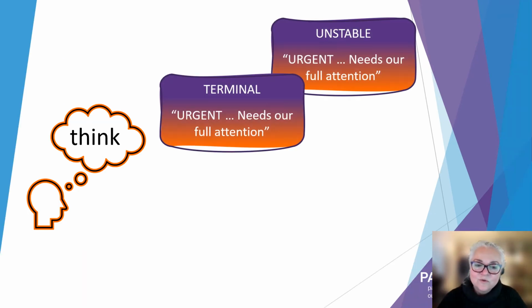When you're working with the 4 phases, the 2 that are urgent and require rapid responses are the unstable phase and the terminal phase. If your resident is in an unstable phase, it would mean that in your assessments you have observed that they've got moderate to severe symptoms, and that these are not being managed with the plans that are currently in place.